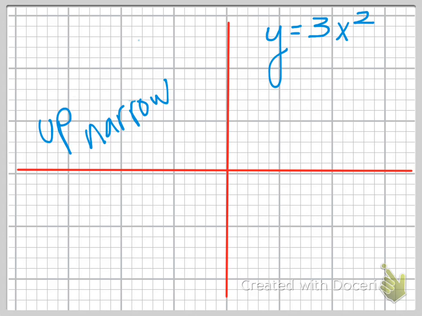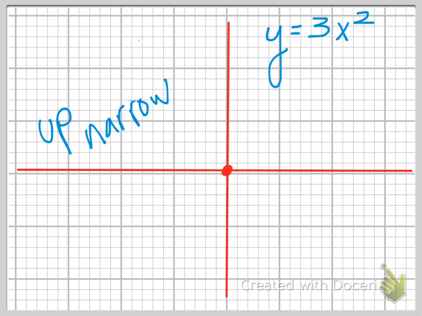So how did I know it was up? Because it's a positive a. And how did I know I was narrow? Because my 3 is greater than 1. And as long as I'm greater than 1, I'm going to be more narrow than the parent function. So let's do the math in our head. If I'm 0 in the x, I'm going to be 0 in the y. So I start with a point at the origin, not this point.